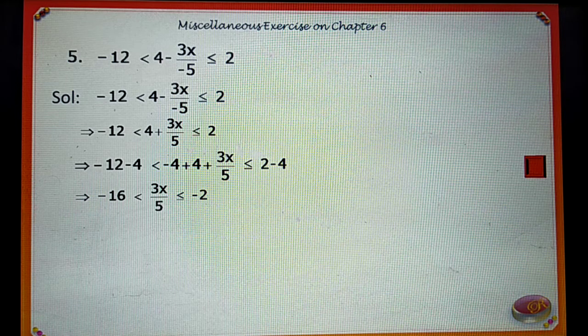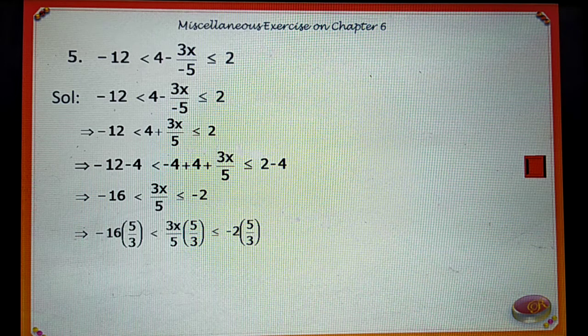Implies minus 16 into 5 by 3 is less than 3x by 5 into 5 by 3 is less than or equal to minus 2 into 5 by 3.